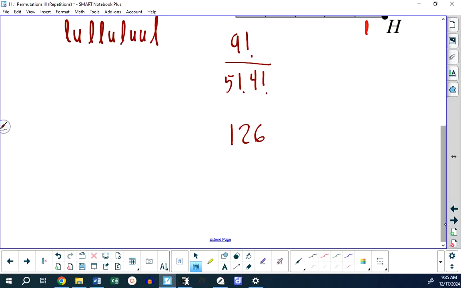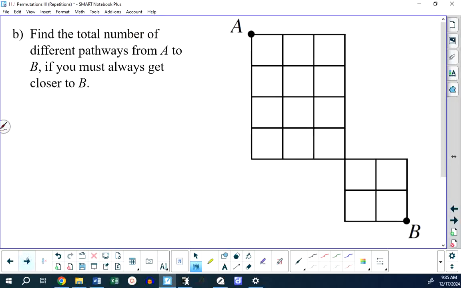There's another way that you can do these problems, and I recognize the number 126 as a solution. If I said to you, how many ways to go from A to B here? Well, there are 2 things you have to do.